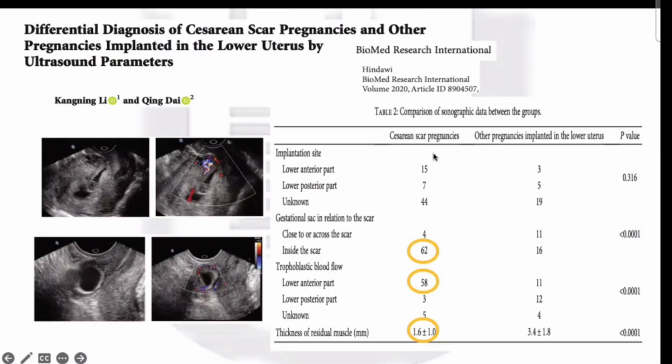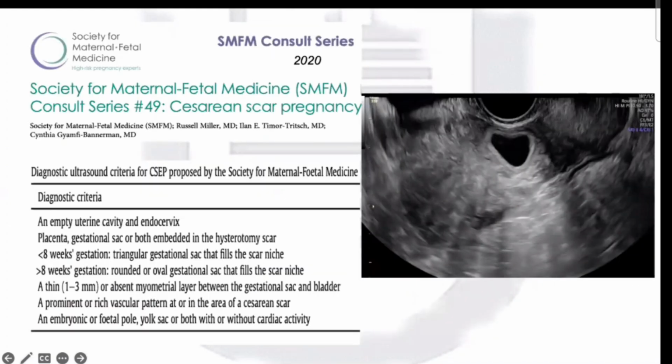Other features that can make the differentiation from other types of implantation or intrauterine ectopic pregnancy are obviously being inside the scar, but also at the level of the anterior part of the uterus, and also that the residual myometrium thickness is much lower than in other types of pregnancy like cervical pregnancy.